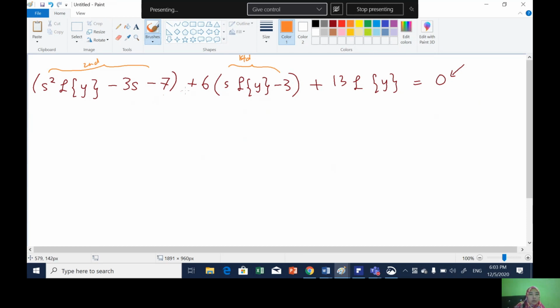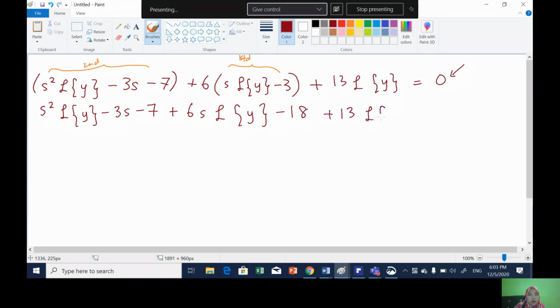Okay, so we open the brackets, then we have s squared L of y minus 3s minus 7 plus 6s L of y minus 18 plus 13 L of y equal to 0.